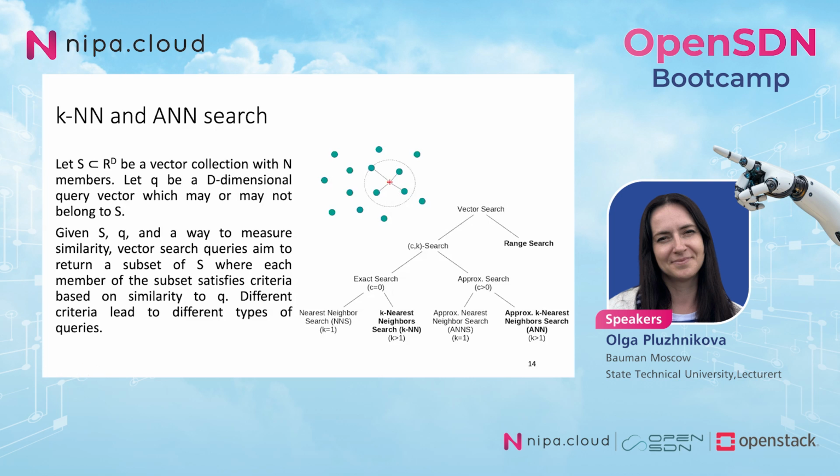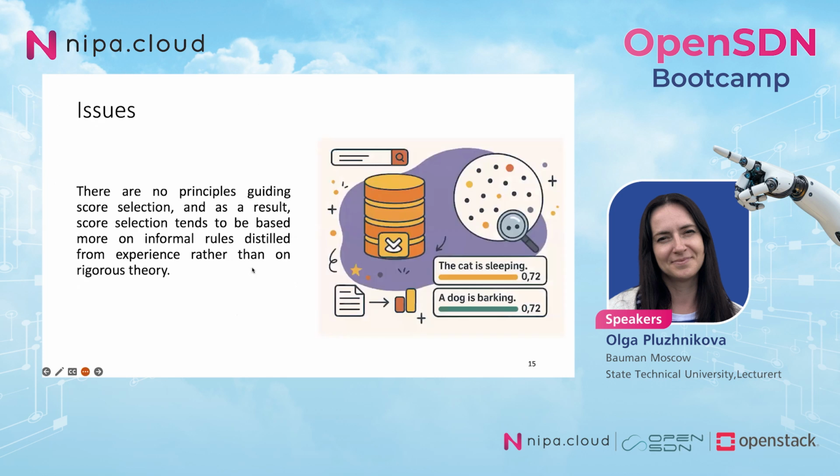Thus, real-world vector search systems adopt approximate nearest neighbor search, which can achieve much higher system performance. Many scores have been proposed over the years, but how to select an appropriate score for a particular application remains unclear.